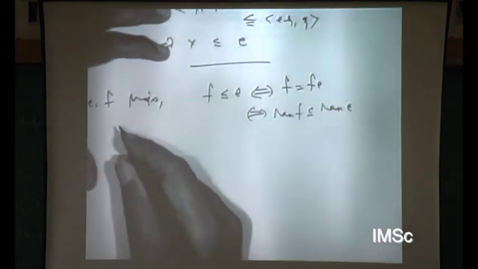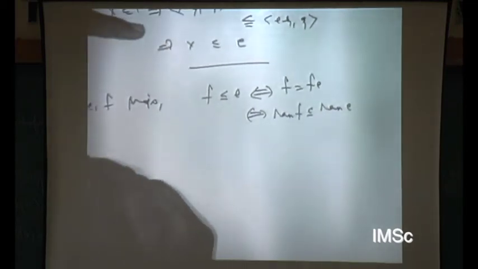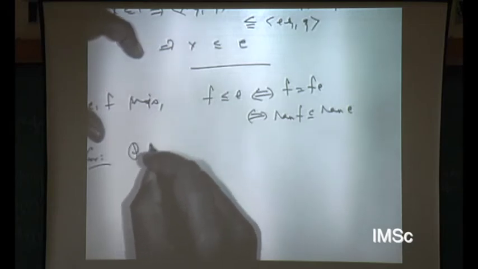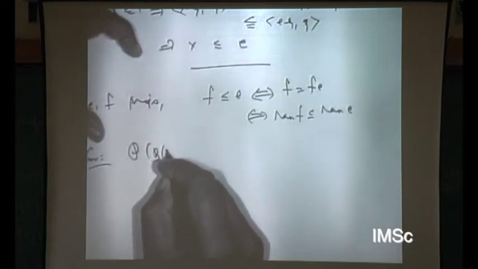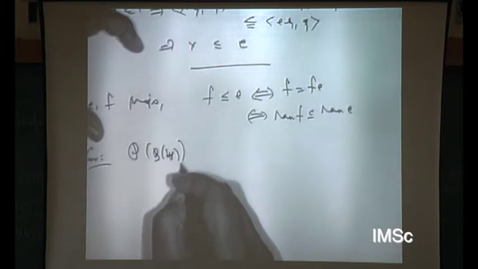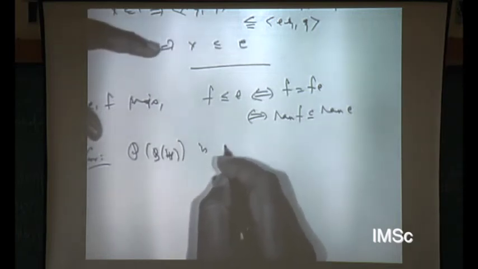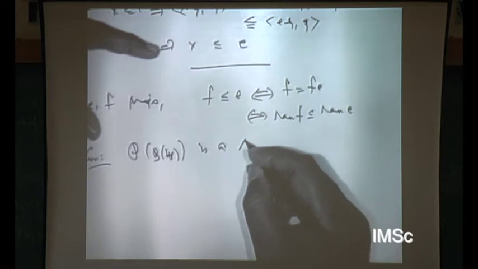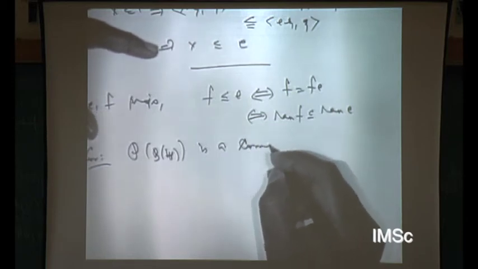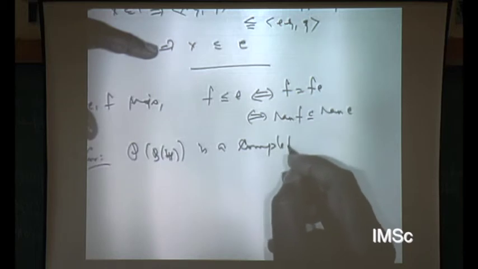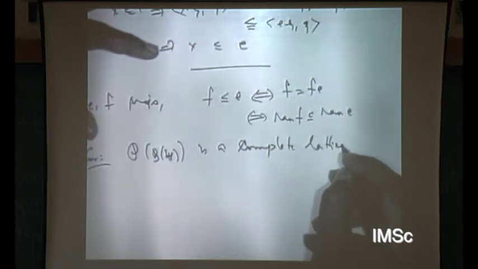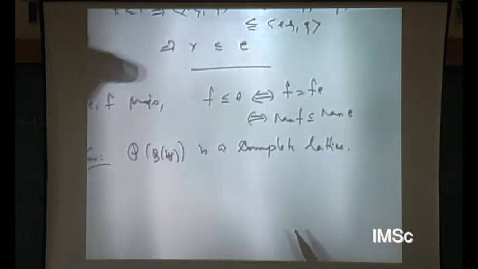Consequently, we see that the corollary is that if you take the projections in B(H), I want to say this is a complete lattice. What does that mean?